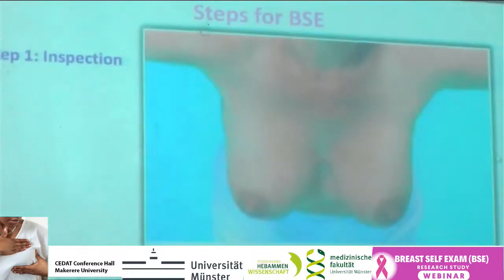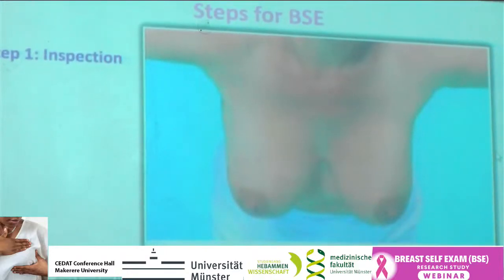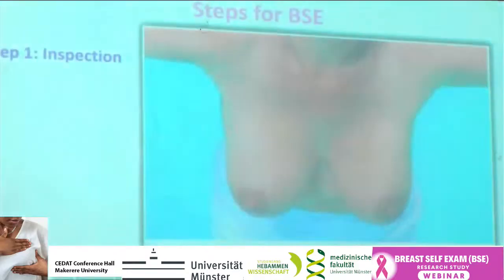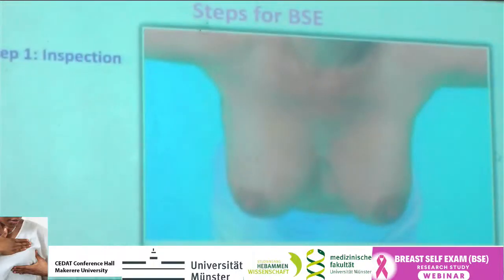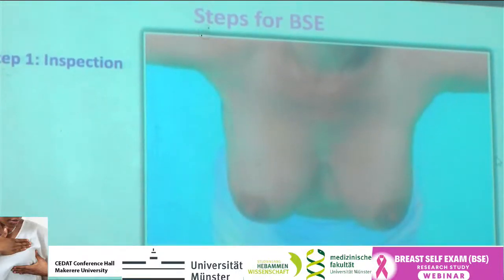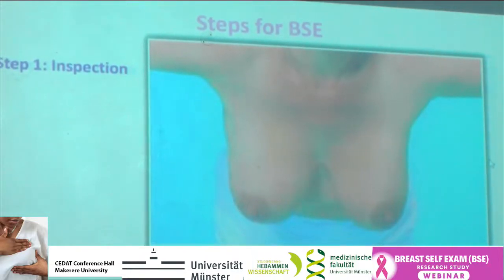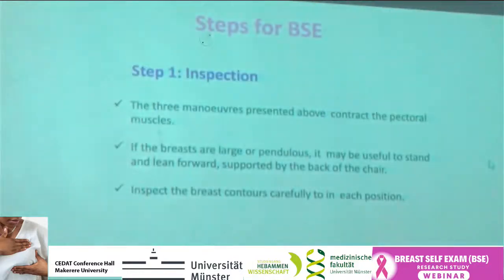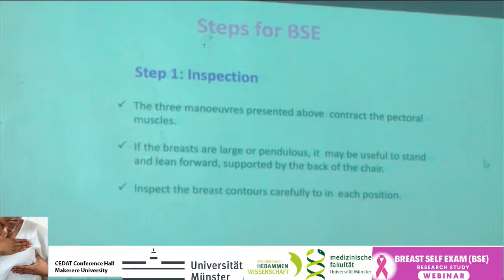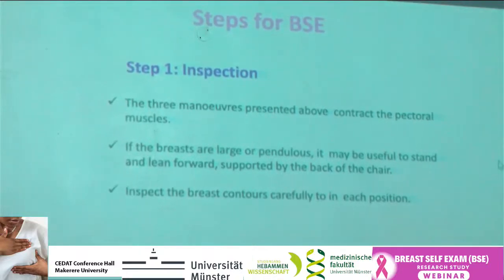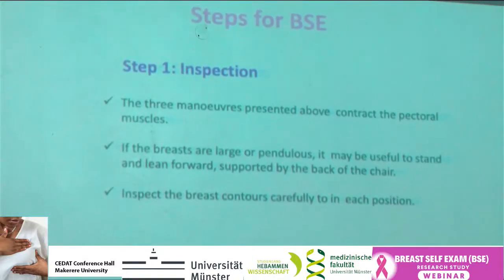The other way is to lean forward. When leaning forward, you can look at the way the breasts are hanging. If you can see one breast heavier than the other, or any changes in size, it can be easily identified in this position during inspection. These three maneuvers lead to the contraction of the pectoral muscles, the muscles that cover the chest.